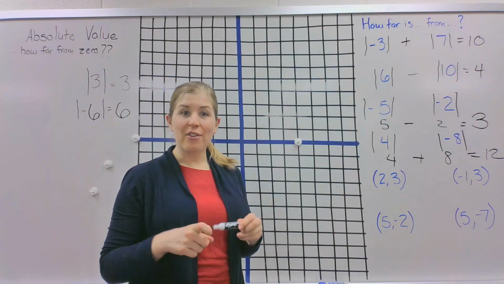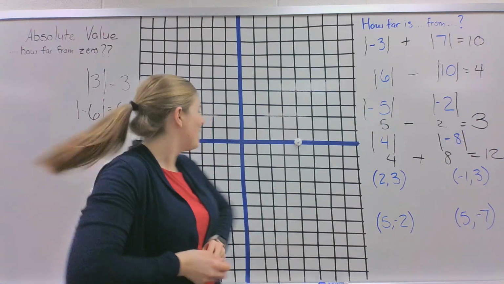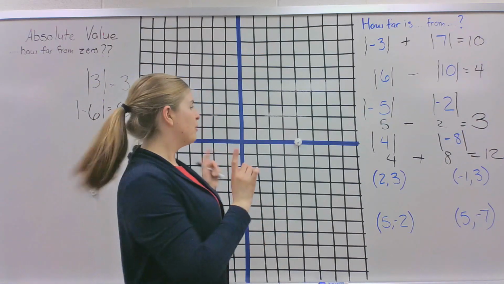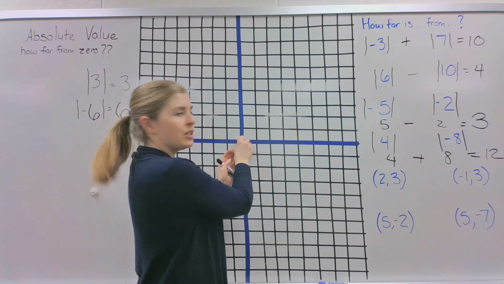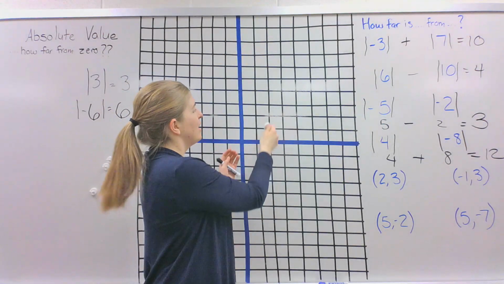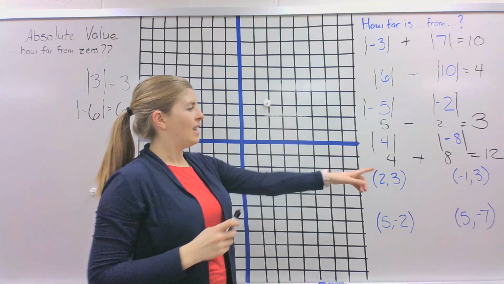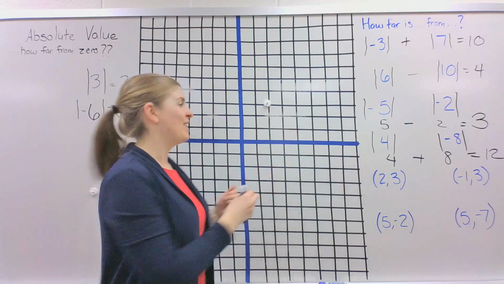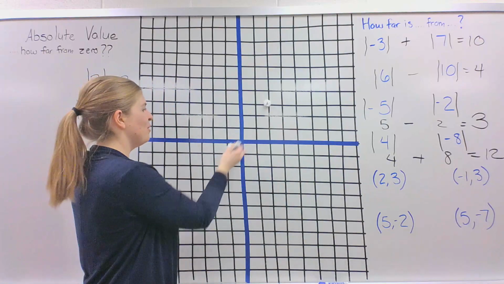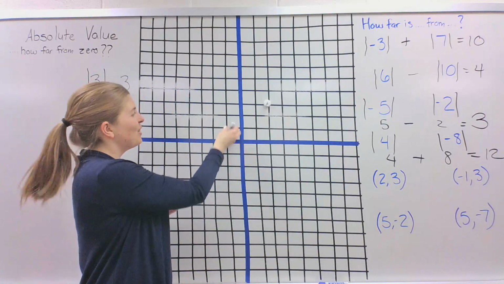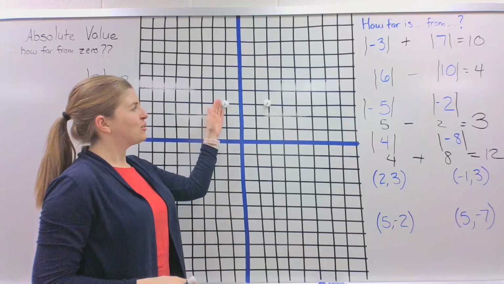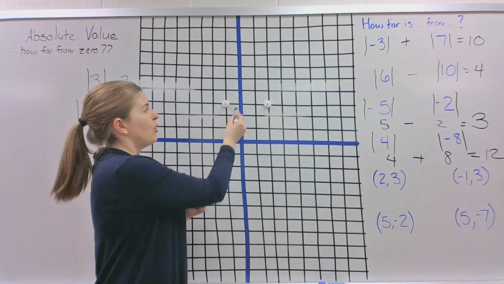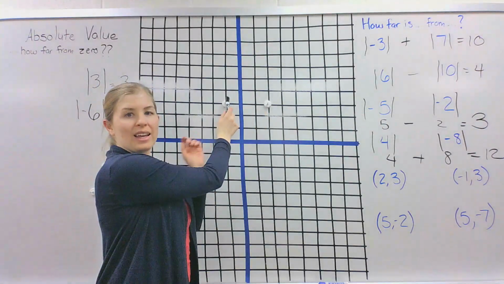And if we're finding the distance between points on a coordinate grid, our first one is 2, 3: start at 0, go x, and then y. Then we have negative 1, 3. We're trying to find the distance between these two points. We're going to go 1, 2, 3.